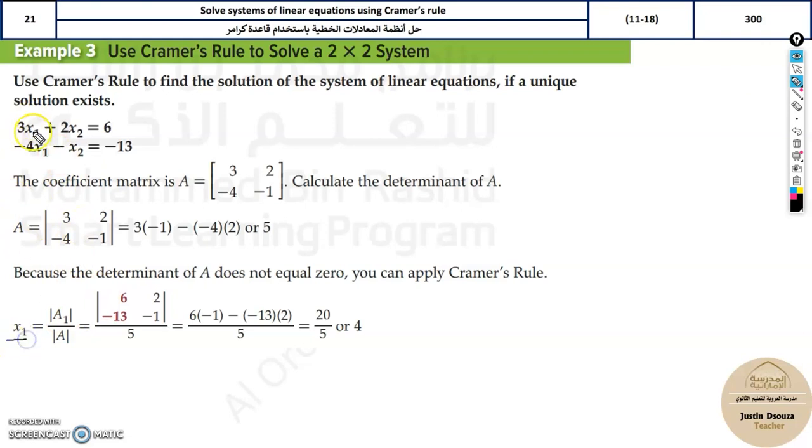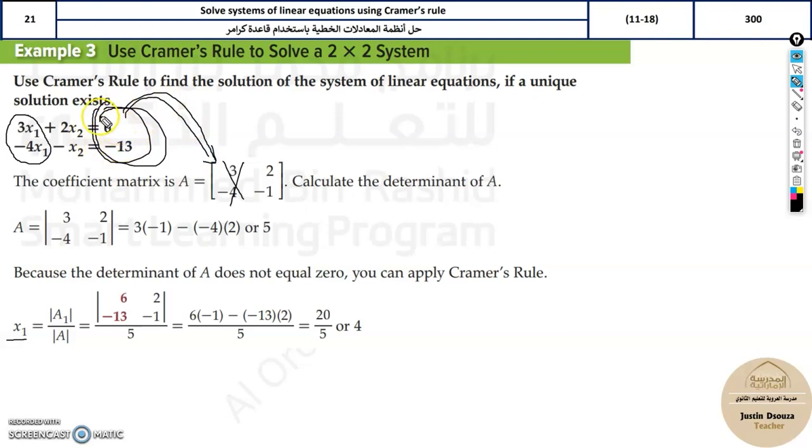Since you're solving x1, the part where the coefficients of x1 are written, see, that is 3 and 4, are replaced by these two values. So if you want to solve for x1, the top matrix becomes A1. How do we do it? Instead of x1 coefficients, we write these two constants.